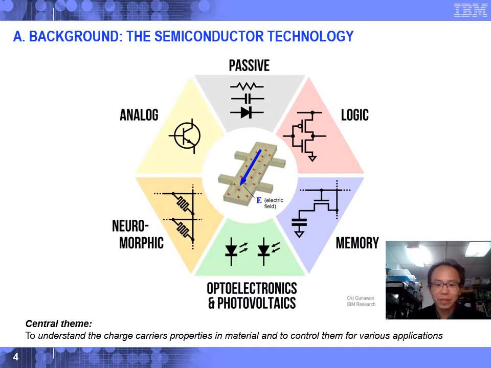With this material, we built many devices like passive, logic, memory, optoelectronics, and photovoltaics, and recently neuromorphic devices, as well as various kinds of analog devices. So the central theme in this research is to understand the full detail of all the charge carriers involved in this material, whether they are majority or minority. So therefore, we could develop the application that we want.